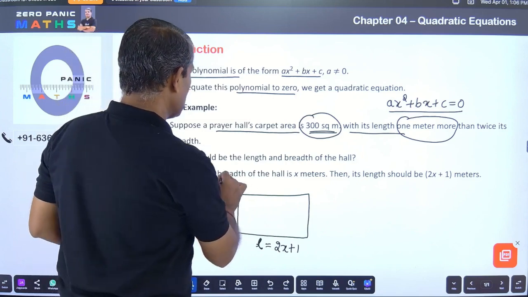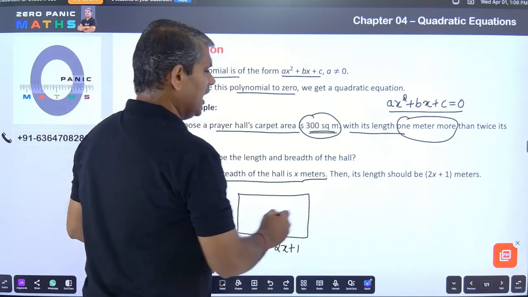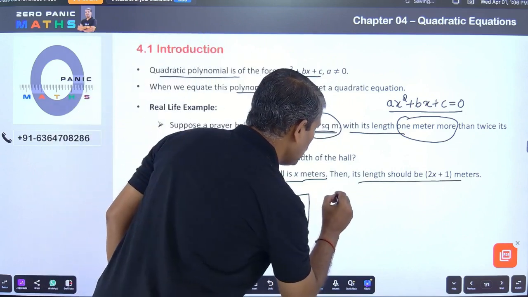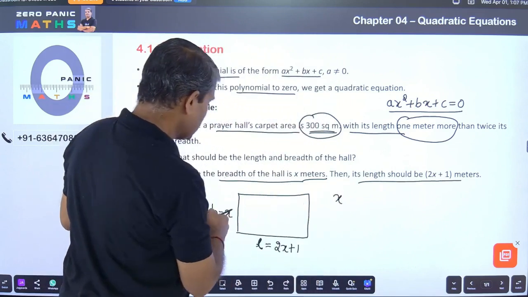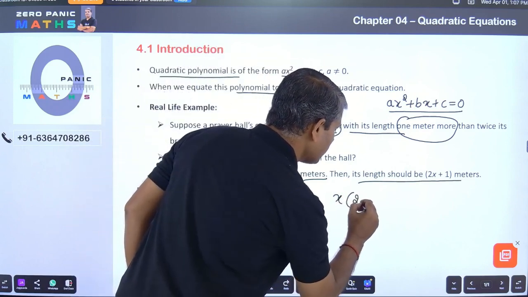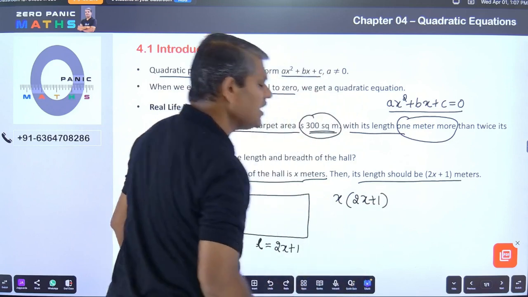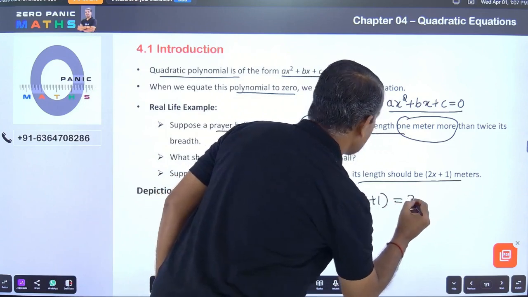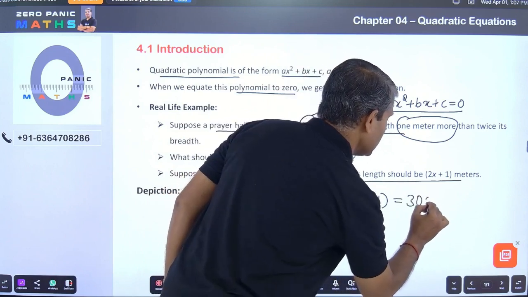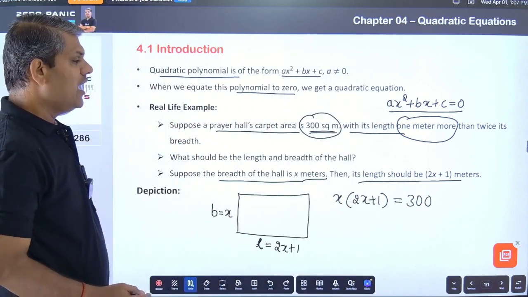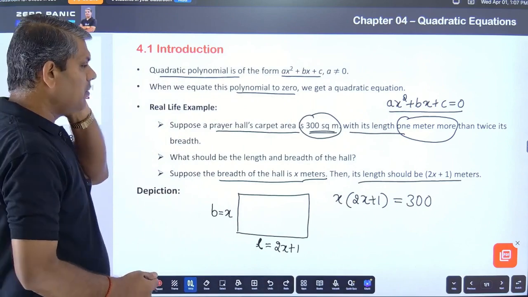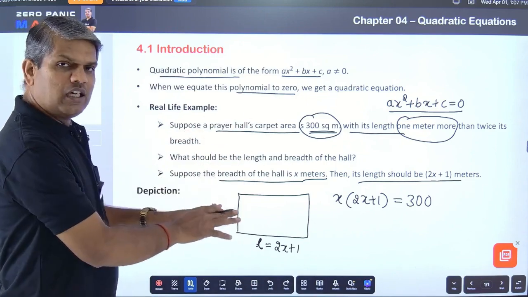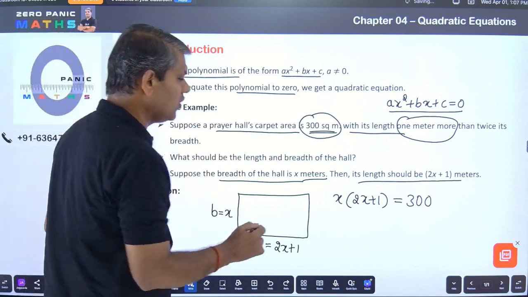So suppose the breadth of the hall is x meters and its length is 2x plus 1 meters, then breadth into length is x, that is breadth, multiplied by 2x plus 1, which is length, which is the area. And the area they have given is 300 square meters. If you solve this and get a quadratic equation, that will be an equation that depicts this situation. We will only form the equation, we will not solve it. Let us do that.